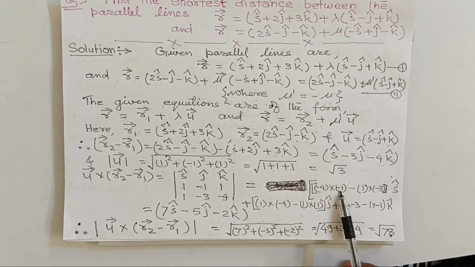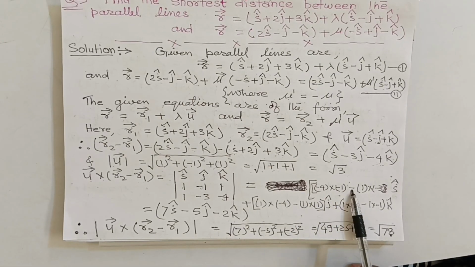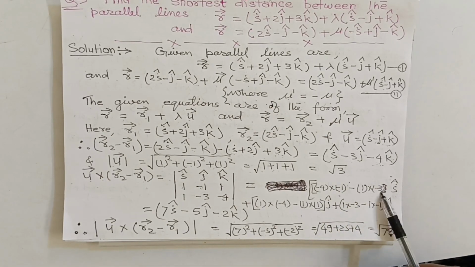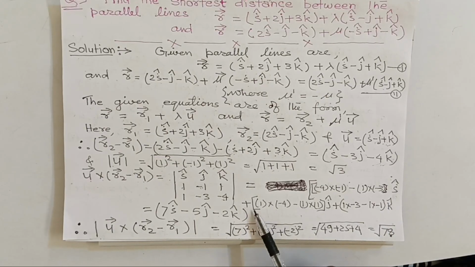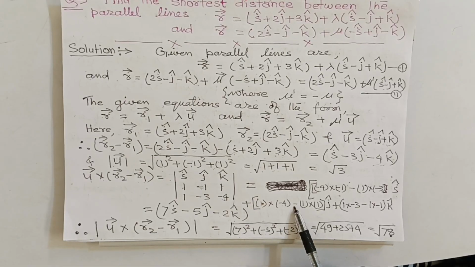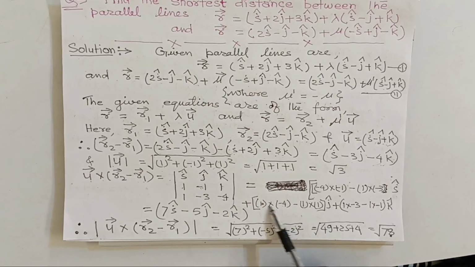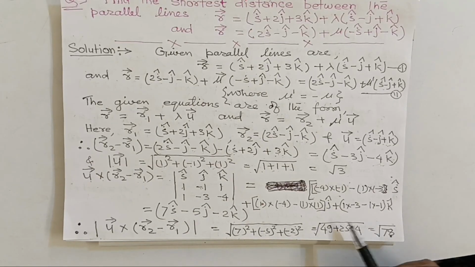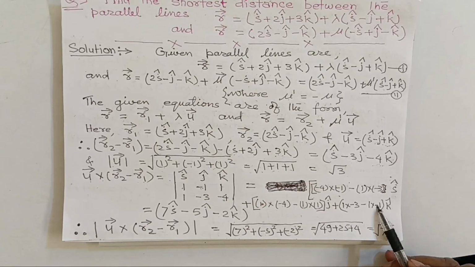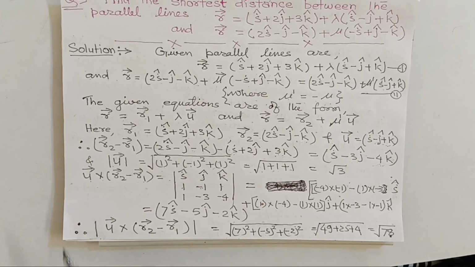Minus 1 into minus 4 is 4, minus 1 into minus 3, the 3, so 4 plus 3 is 7i. 1 into minus 4 is minus 4, minus 1 into 1, so minus 4 minus 1 is minus 5j. 1 into minus 3 is minus 3, minus 1 into minus 1, plus 1, so minus 3 plus 1 is minus 2k.